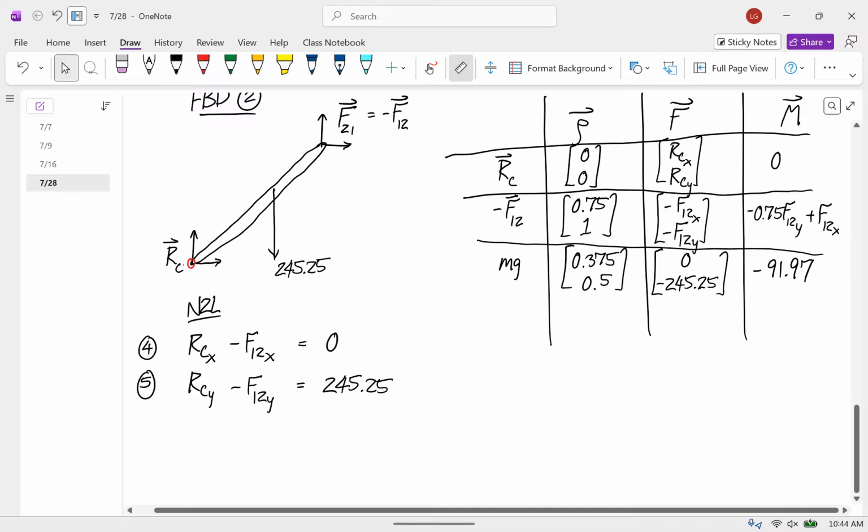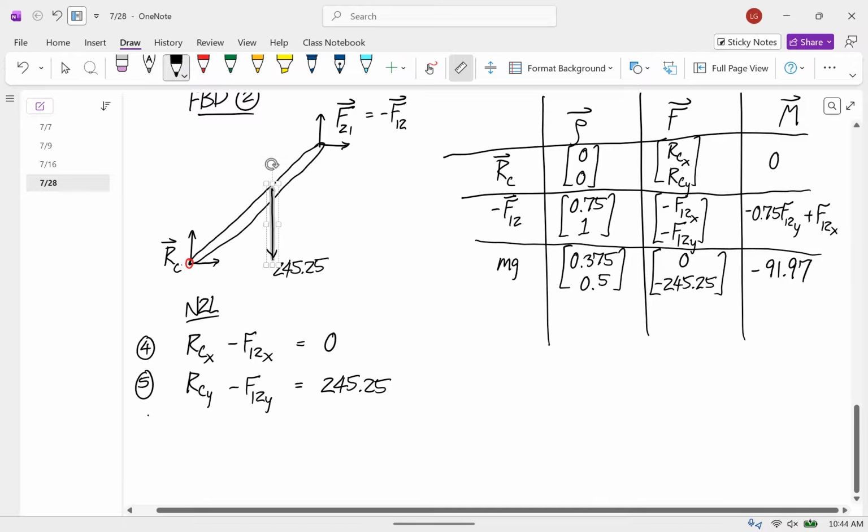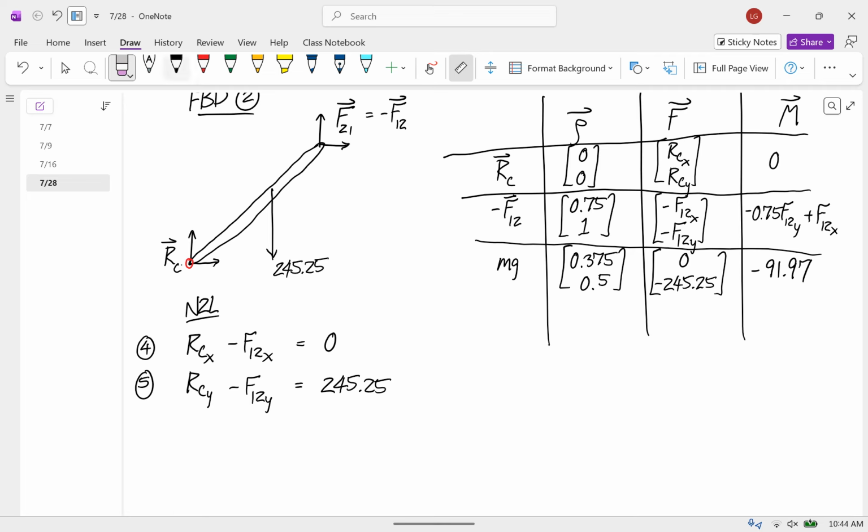And now we'll go to the moment equation. So equation 6 says negative 0.75 F12y plus F12x is equal to positive 91.97.